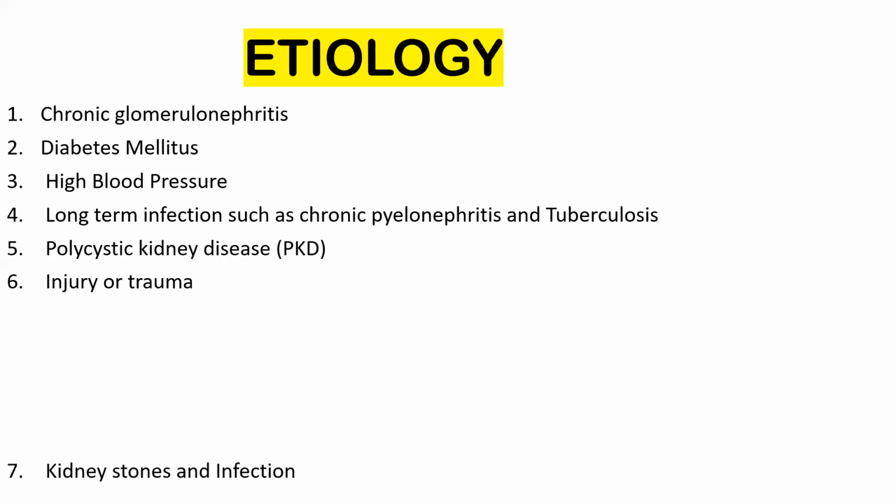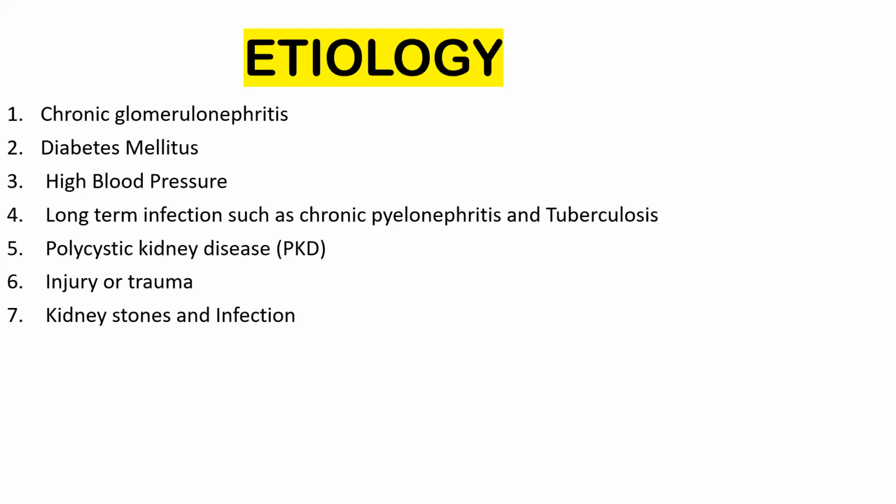Let's move to another point, that is kidney stones and infections. I think you already discussed kidney stone with your new ma'am, Shaban ma'am, isn't it? Kidney stone, yes or no? No. Okay, if there is a stone in your kidney, as well as infection in your kidney, that can lead to chronic kidney disease.